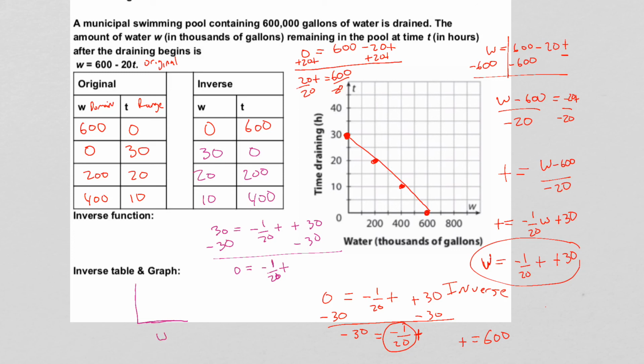If we still had w and t here, now we're talking about starting basically at 0 and 600, 30, 20, 10, something like that. So just a slightly different graph, different values.